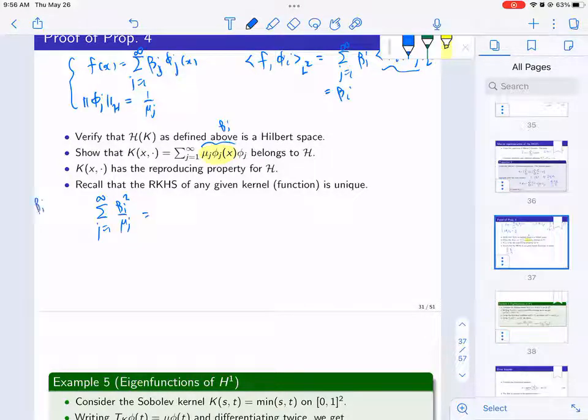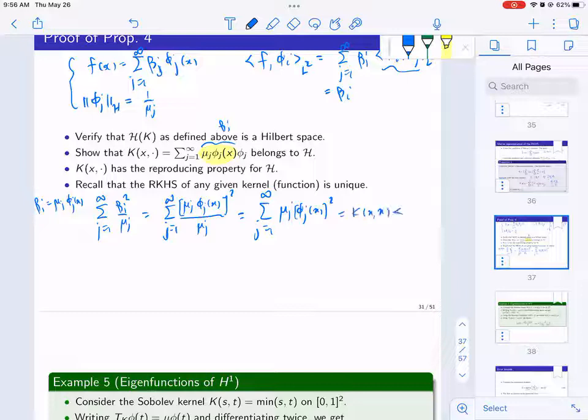With beta j being mu j phi j of x, this is just the sum of mu j phi j of x squared, divided by mu j, which is the sum of mu j phi j of x squared, j from 1 to infinity. And this is k of x, x, which we know is finite. So this verifies it.